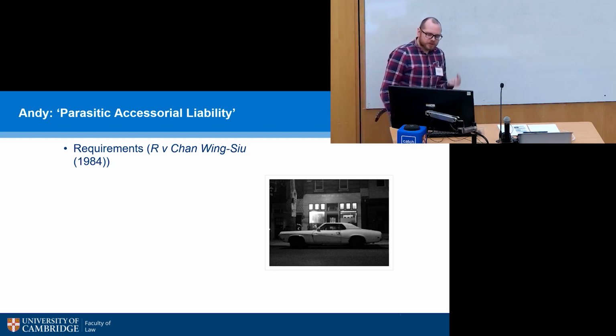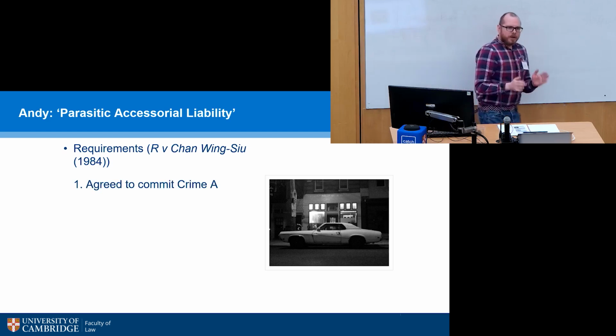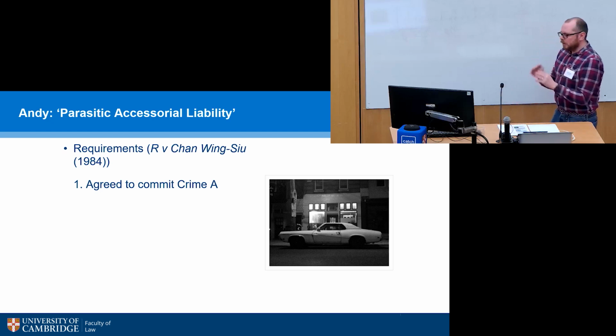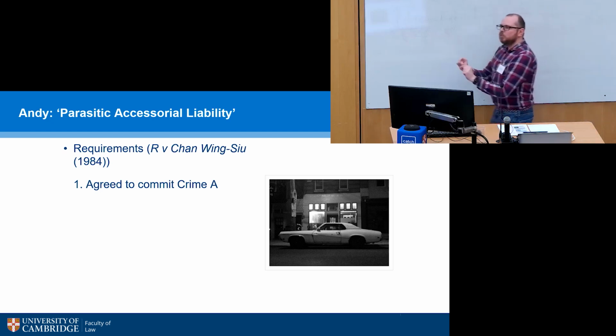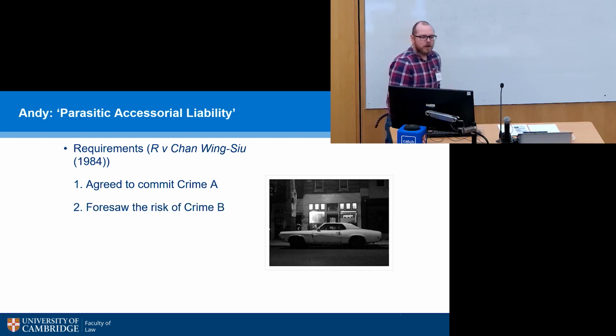In Chan Wing Siu, the following requirements were set down for parasitic accessorial liability. One, the defendant that you are analysing agreed with another person to commit crime A, as it was often called.